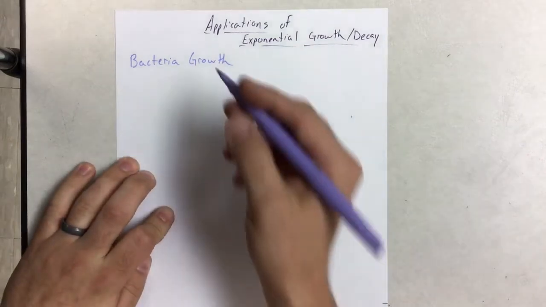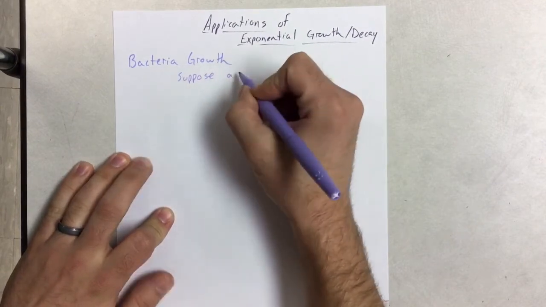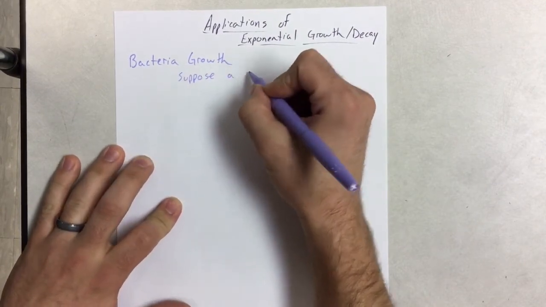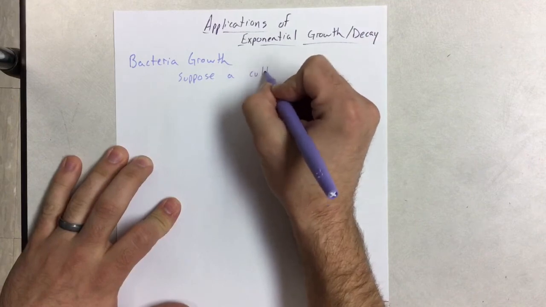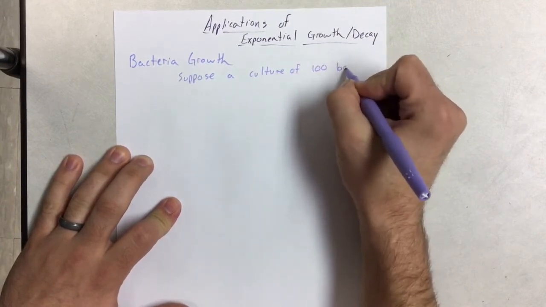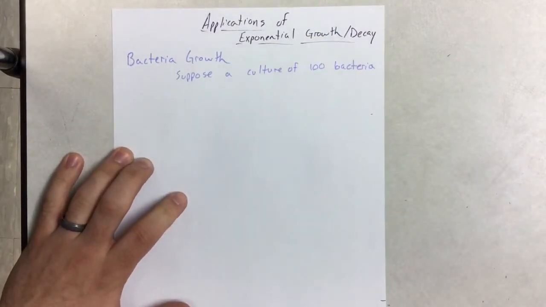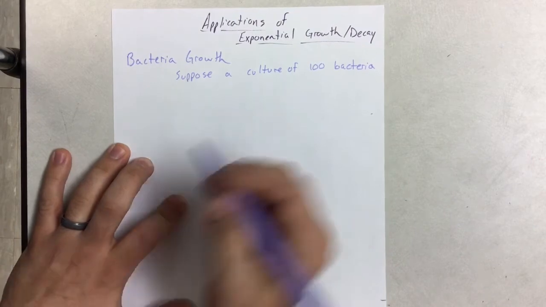So let's imagine we have a culture of 100 bacteria. Okay, and we place this bacteria in a petri dish.